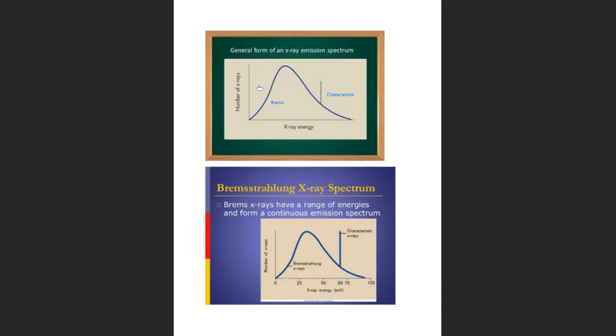So anything that affects the efficiency would affect the quality. So we have kVp that would affect the efficiency. The generator phase that we're using affects the efficiency, because that's all about how much voltage ripple we have.